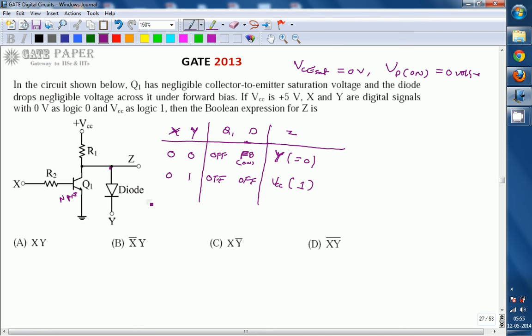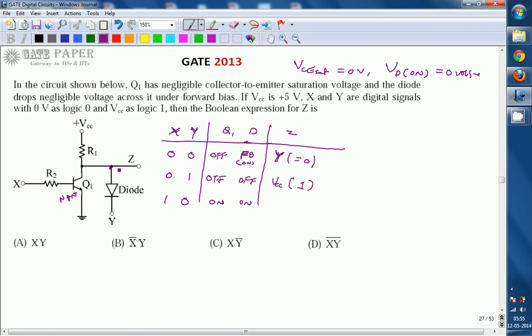Next, for the 1-0 combination, the transistor will be in the on condition and the diode will be in the on condition. You are applying logic 1, that is plus VCC, towards the NPN transistor base, so that it will be in the on condition, and Y is equal to 0. 0 volts at the N side is making the diode forward bias. So both are in the on condition.